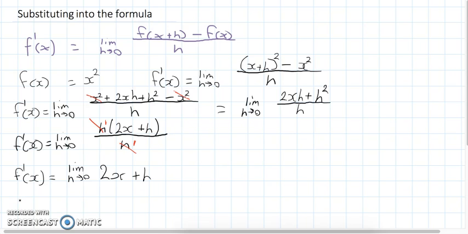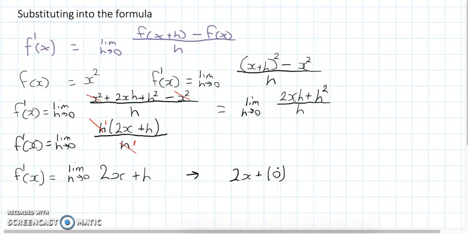So let's go over here. It'll turn into 2x plus 0. Now I tend to put these brackets around anything when I'm substituting a number in, as it makes it stand out just that little bit.